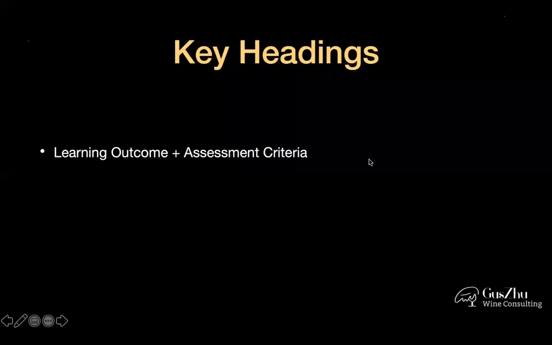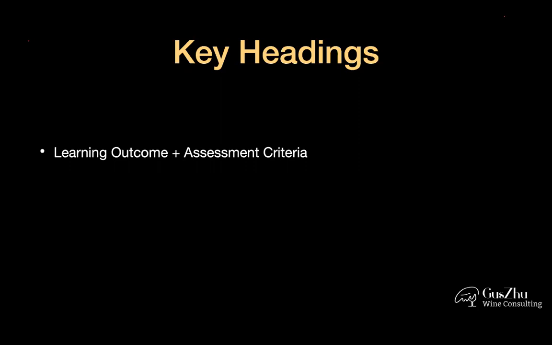If you pay attention to the headings, they always put these terms as headings first, and then list the amount of knowledge you need to learn in the specification. These are the learning outcome, and then the assessment criteria.